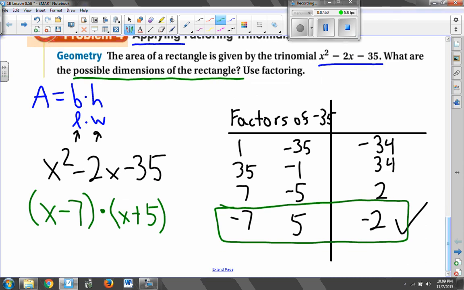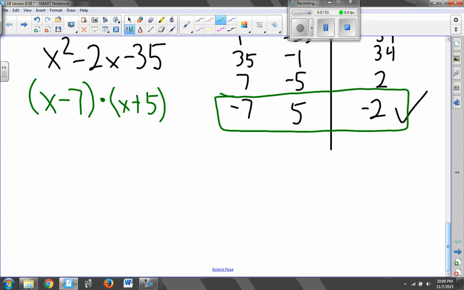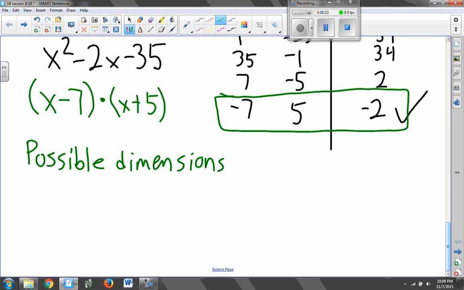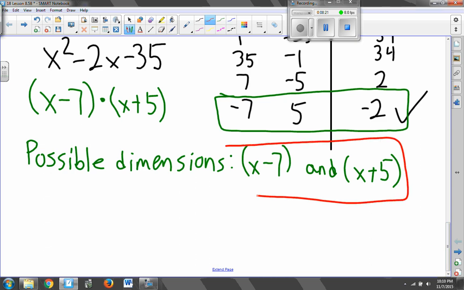So I would say possible dimensions: x minus 7 would be the length or the width, and x plus 5 must be the other one. And then, once I have that, I am done. I have done my factoring. I have put it back in the context of my problem, and that is all good.